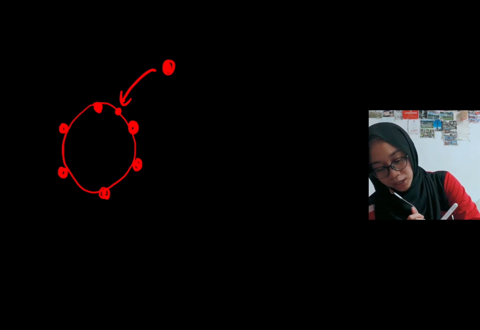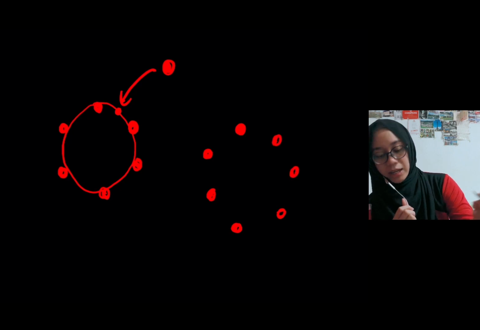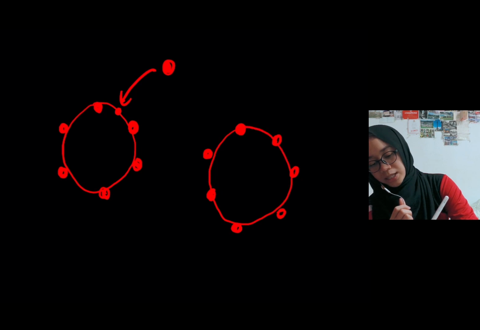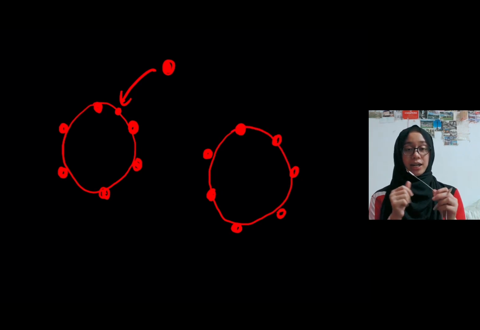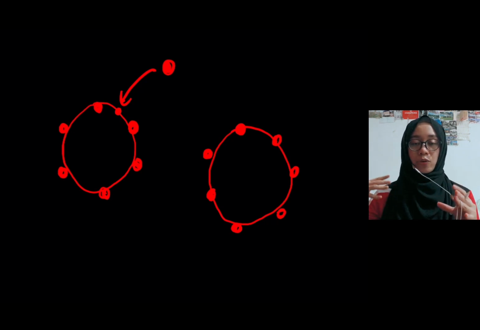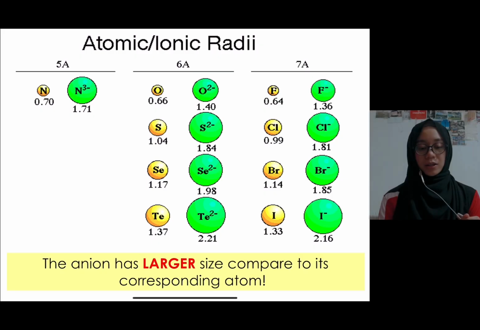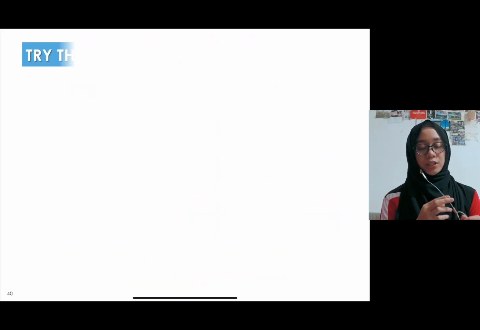Bila dia tolak, dia akan menghasilkan satu bulatan yang lagi besar. Okay, so ini pula bila dah ada 7 orang dalam bulatan tu, so size dia jadi lagi besar lah compared to kalau yang ada 6 sahaja. So that is why bila electron is added, then there will be a mutual repulsion between the electron increases, so the size becomes larger.